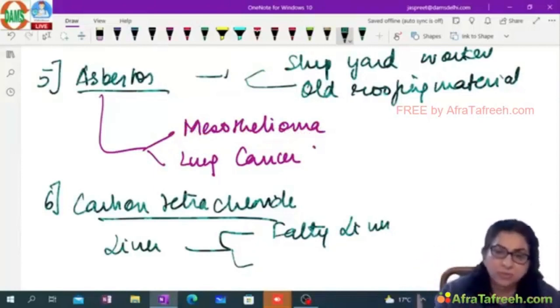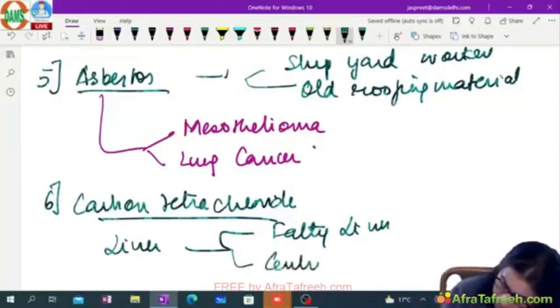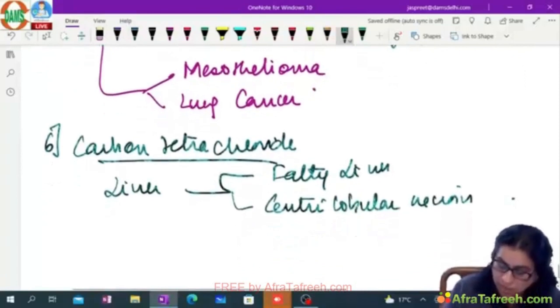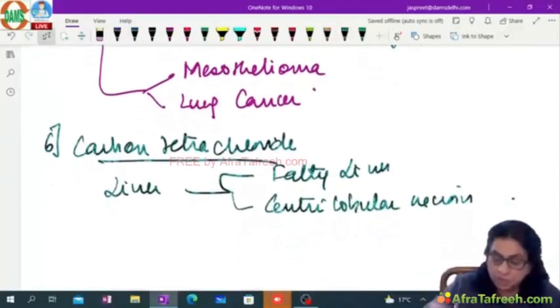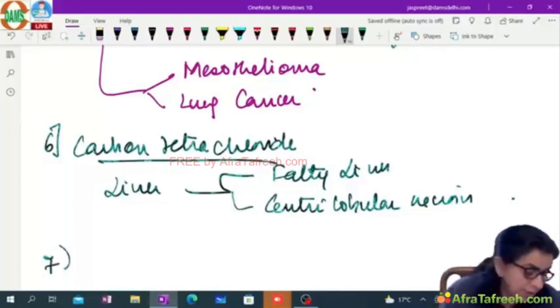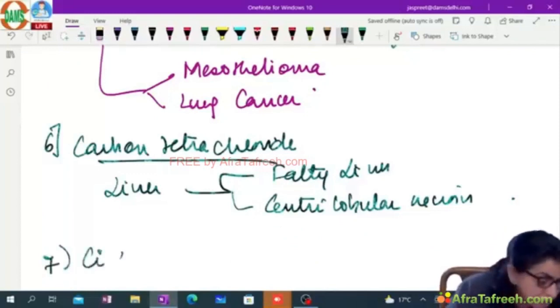So centrilobular necrosis. No tumor here. Actually you can remove it from here because I'm talking about carcinogens. This is not about carcinogens.